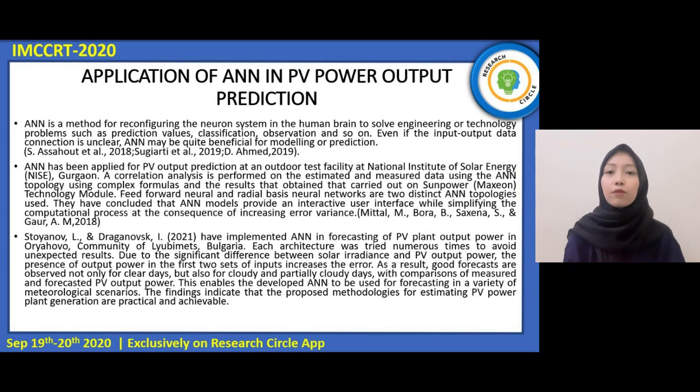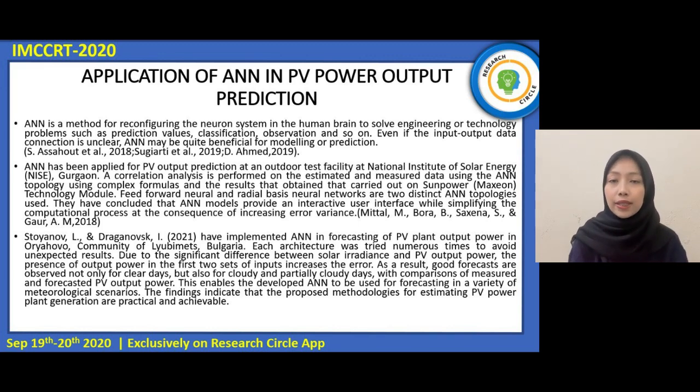ANN has been applied for PV output prediction at an outdoor test facility at the National Institute of Solar Energy, which is NISE in Gurgaon. A correlation analysis is performed on the estimated and measured data using the ANN topology using complex formulas, and the result obtained can be carried out on the SunPower Max-on technology module.